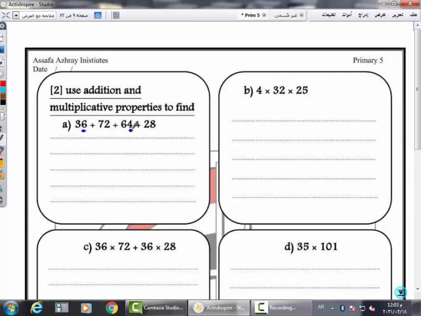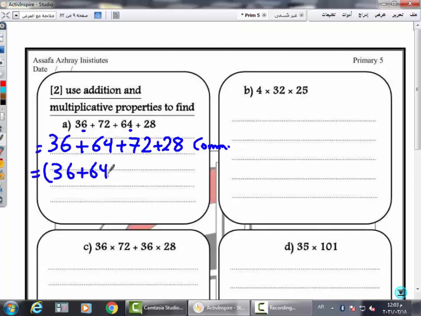We put 36 beside 64 and 72 beside 28, which is called commutative. Then we take 36 plus 64 between brackets plus 72 plus 28 between brackets, called associative.